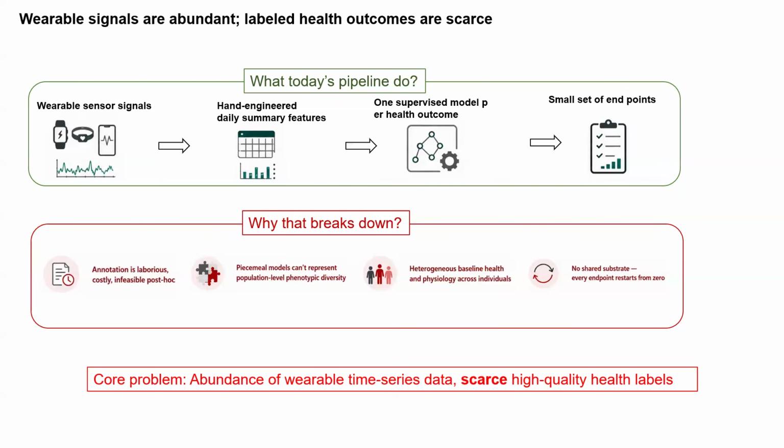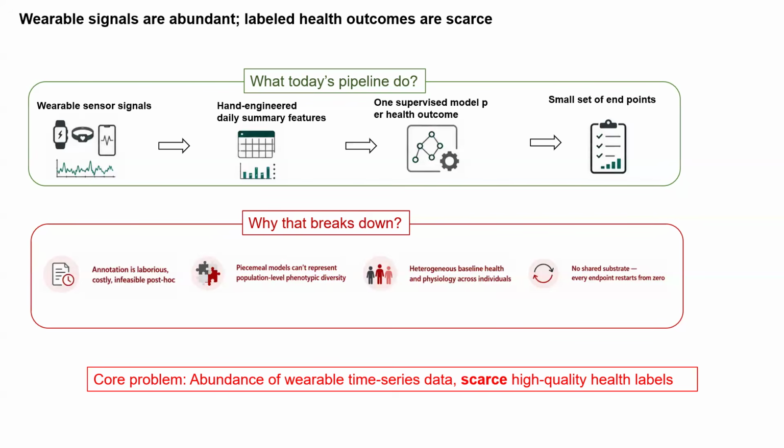The reasons this pipeline can break down are, first, that it is really costly and infeasible. The second is that it can't really represent population-level phenotypic diversity.